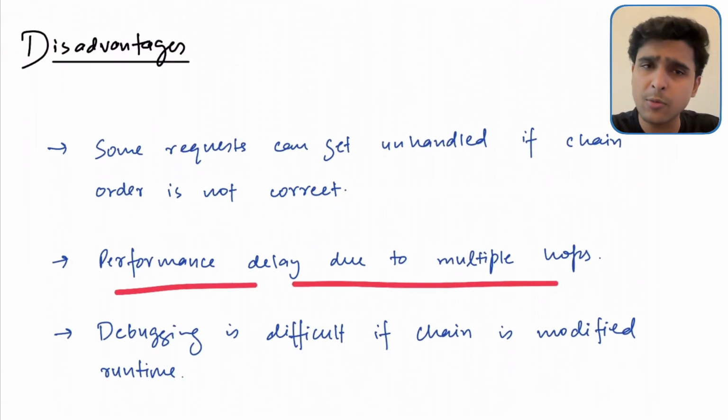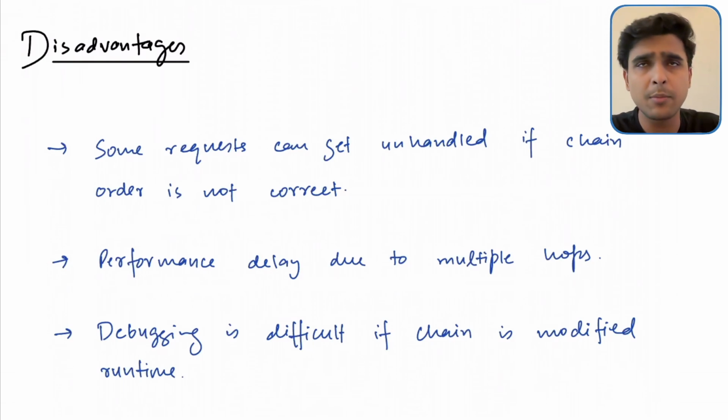Then there could be a performance delay due to multiple hops. If you notice, the request that needs critical support takes the longest time because it has to reach the last handler. So the requests which are served by the last handler could potentially have more latency. And if they are critical requests and the latency requirements are very high, then you might have to change your logic or somehow increase your performance and make sure that latency doesn't impact your service.